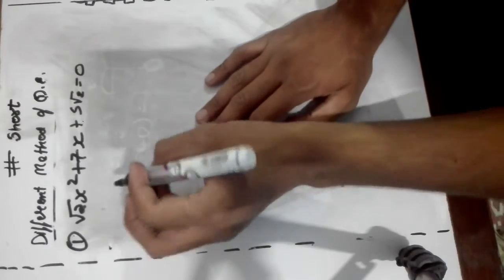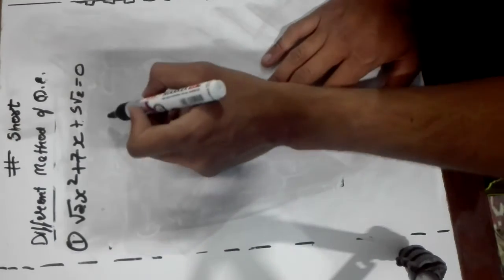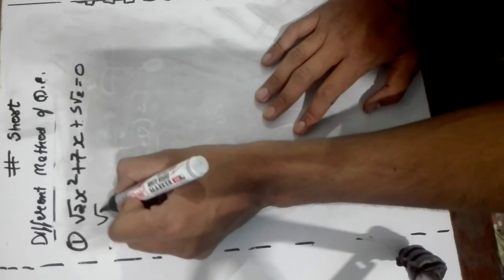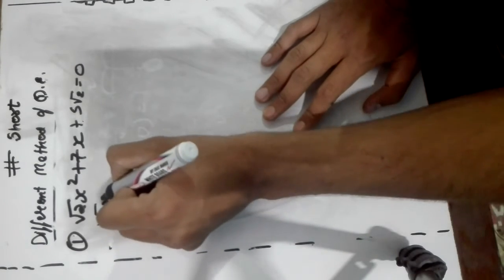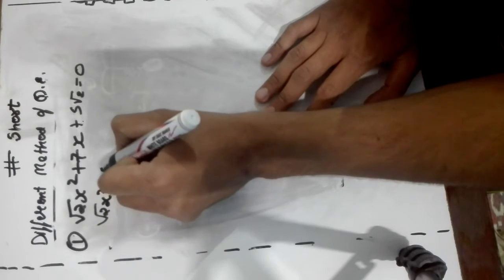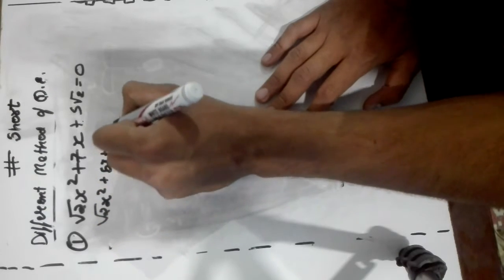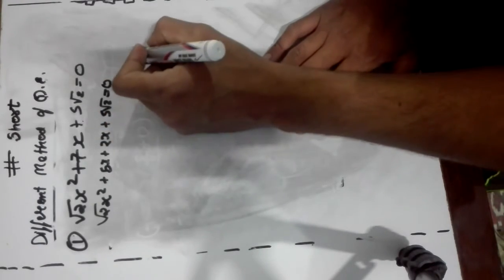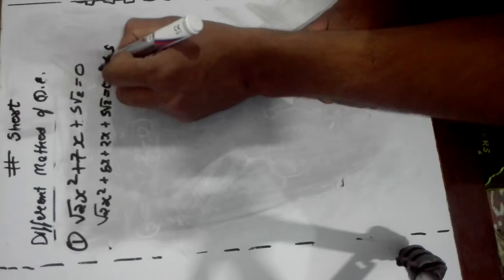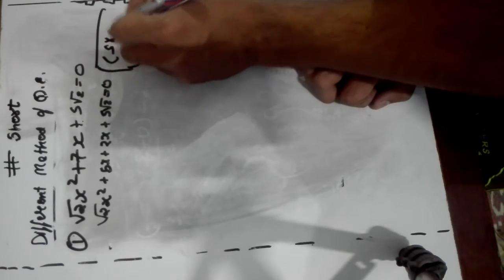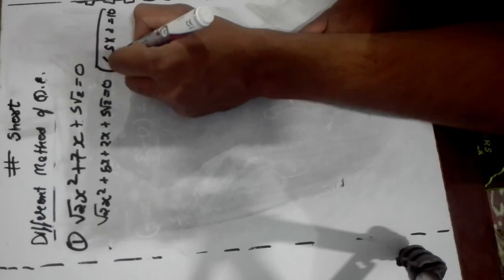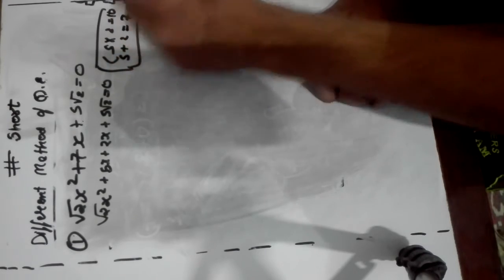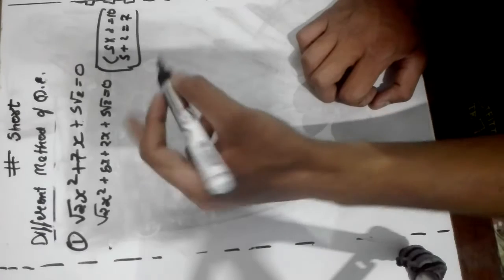Now, as you know, you have to find this, and we have root 2 x square, and this is 5x plus 2x plus 5 by root 2 equals to 0. We have 5 here. I take 5 into 2 equals 10, and 5 plus 2 equals to 7, as you can see here.